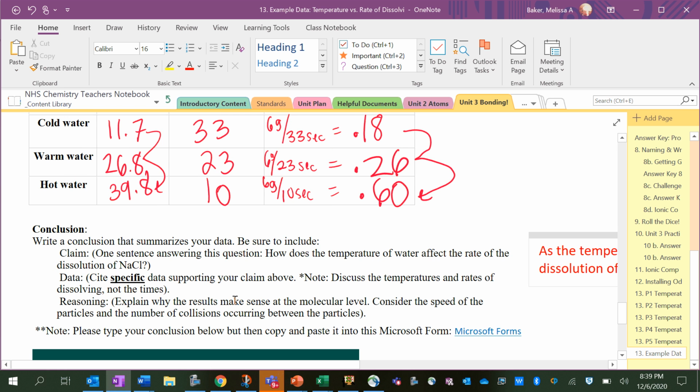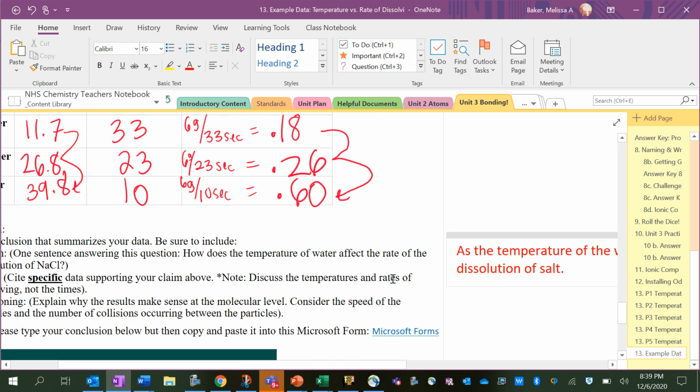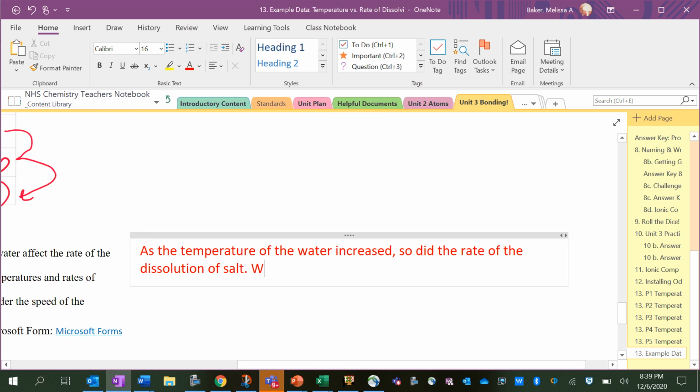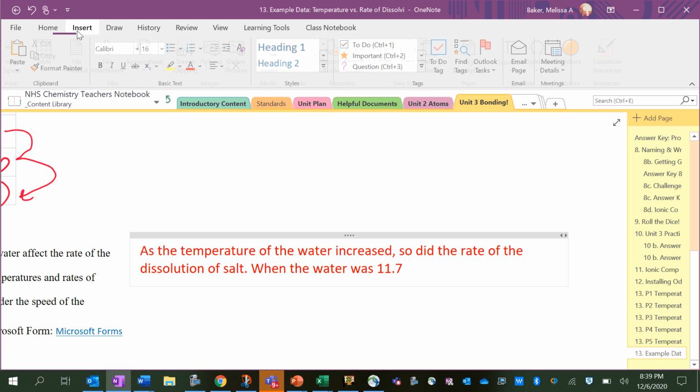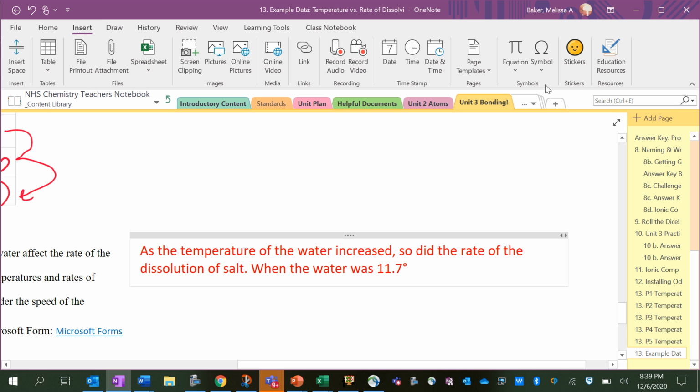Now we need to cite specific data. So when the water was 11.7, and I'm going to insert a degrees symbol, the rate was 0.18 grams per second.